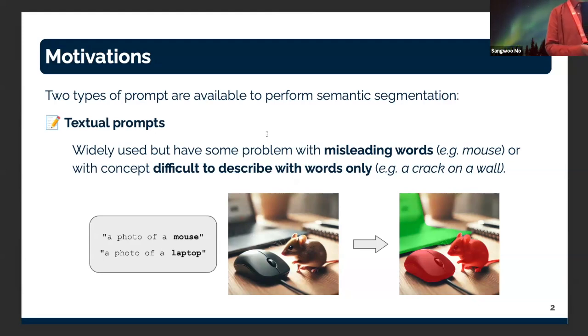For example, mouse: if you just say mouse, it can be the electronic mouse or the animal. And sometimes text alone could be misleading, so it could be difficult to describe things like a crack on the wall or something else. So textual prompts have some problems.